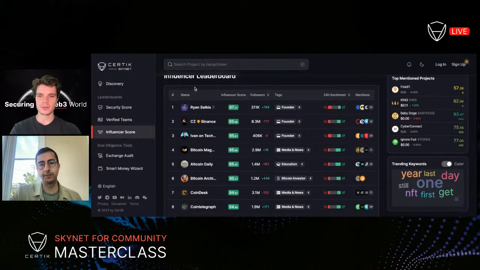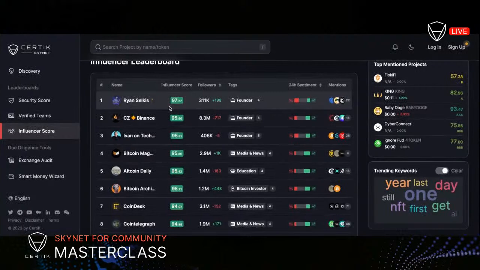Yeah. You are right that it's a little difficult to say with certainty whether an influencer is legit or not. But what we can measure very directly is impact. What this score represents is the level of influence that the influencer has. Do they have the ability to drive narrative? Do they get a ton of organic engagement?